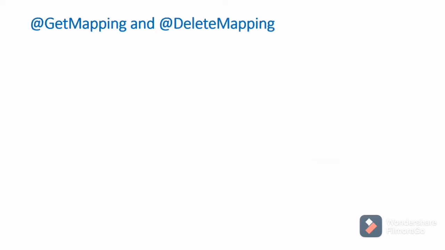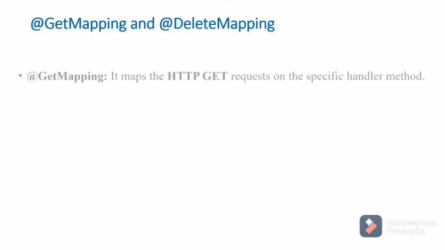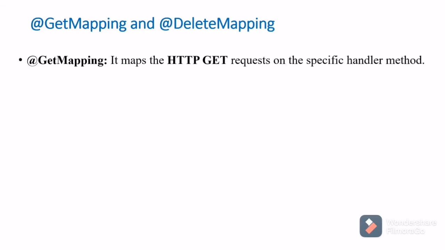@GetMapping and @DeleteMapping. First @GetMapping, it will map the HTTP GET request to the specific handler method. It is used to fetch or get the records, and it is the default one. We saw about @RequestMapping, right? If you are not giving any method inside it, meaning what operation it should do, then by default it will consider that as a GET request only.